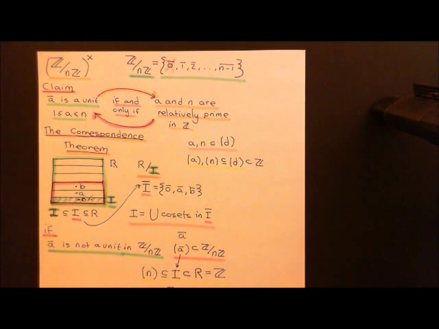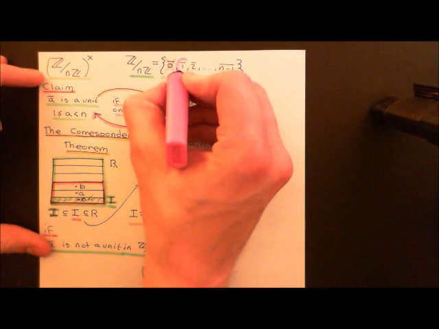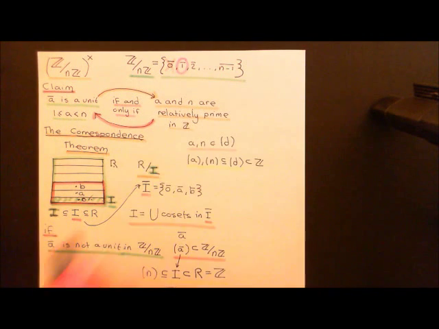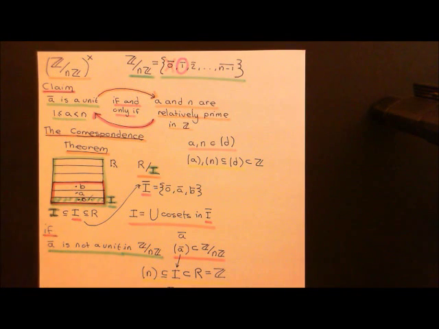So for instance, one of the ones that you can always say is going to be a unit is 1 bar, because 1 will always be relatively prime to whatever n you come up with, because the only divisors of 1 are 1 and negative 1, so the only options as a common divisor are going to be 1 and negative 1.